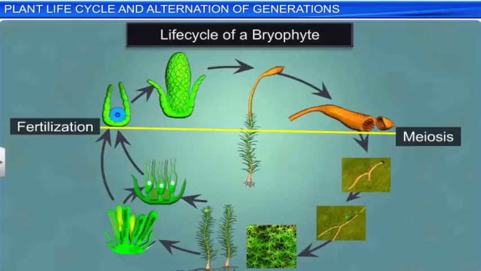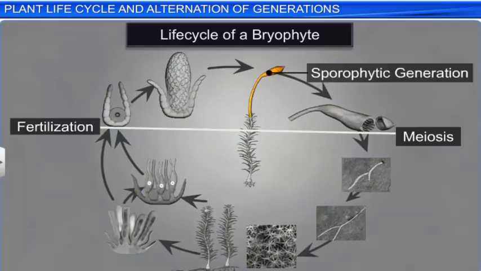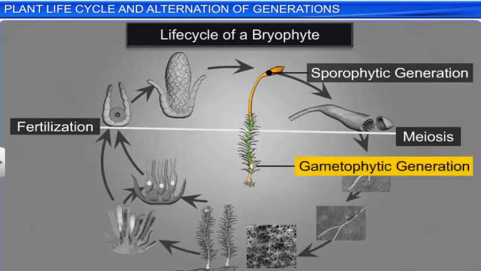In bryophytes, for instance, a free-living thalloid, photosynthetic and erect haploid gametophyte represents the dominant phase. On the other hand, the sporophytic generation is short-lived, during which the multicellular sporophyte is totally or partially dependent on the gametophyte for its anchorage and nutrition.